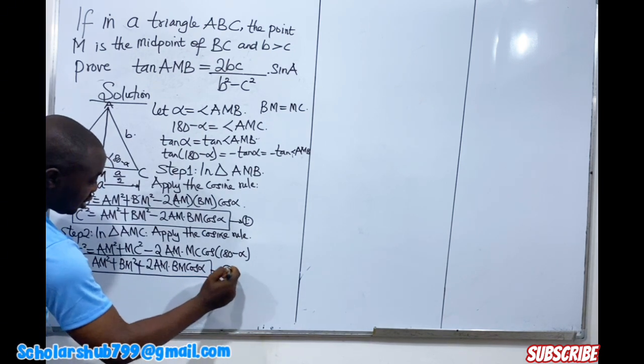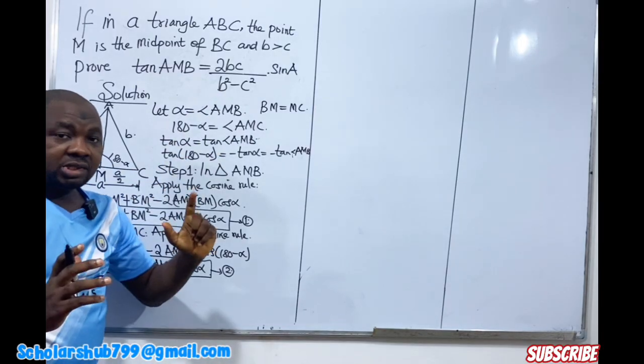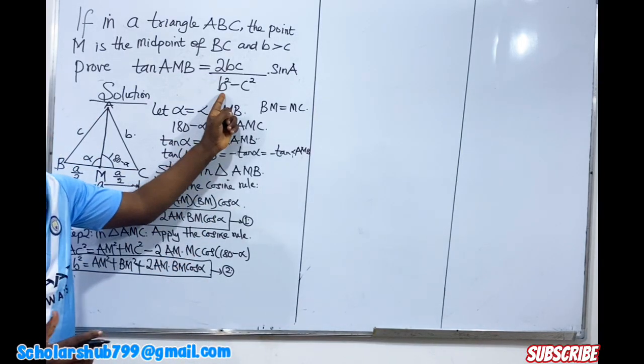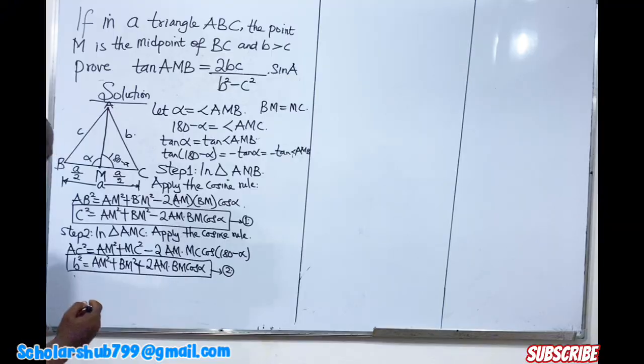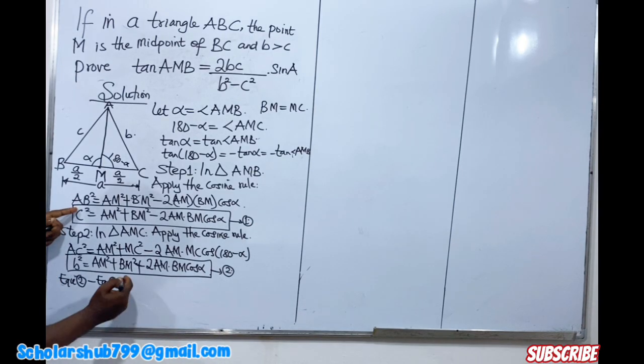Now, remember I said our first goal is to obtain the equation for b squared minus c squared. So let's subtract equation 1 from equation 2. That will be b squared minus c squared.